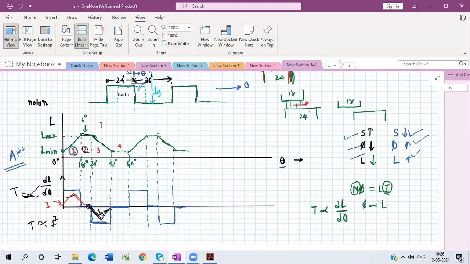Is it a square wave, a square shape, a triangular shape? Which type of shape can you see over here for the inductance? Do you know what shape this is, Karthik?